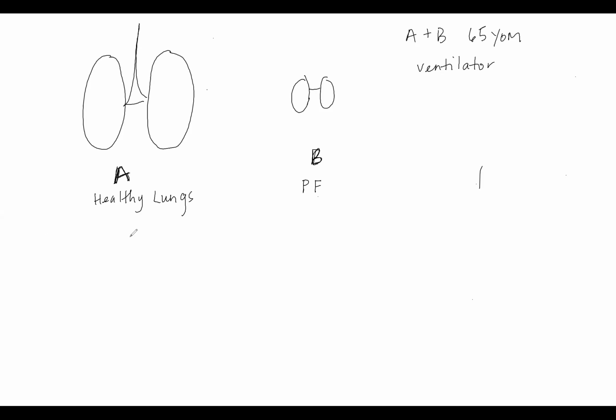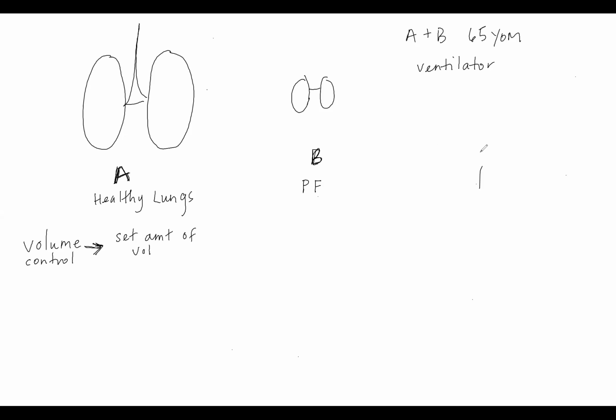Okay, so the way that mechanical ventilation works is that we're going to start with talking about volume, okay? So in a volume control, basically what that means is that the ventilator is going to give a set amount of volume, okay?